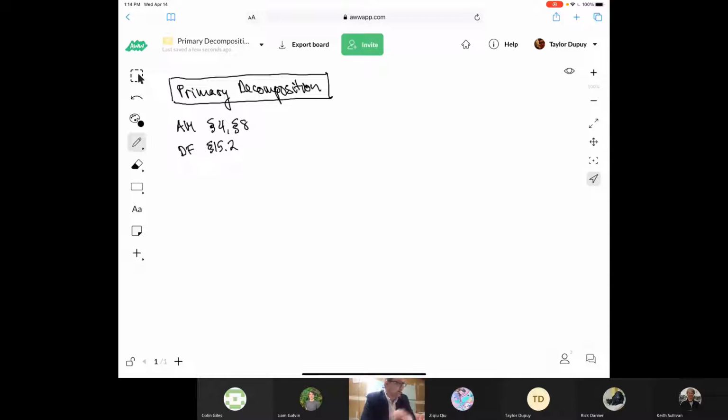All right. So let me start out with a drawing of what primary decomposition is about. This is, again, Atiyah-Macdonald section 4 and section 8, and Dummit and Foote section 15.2. So, a picture of a primary decomposition.